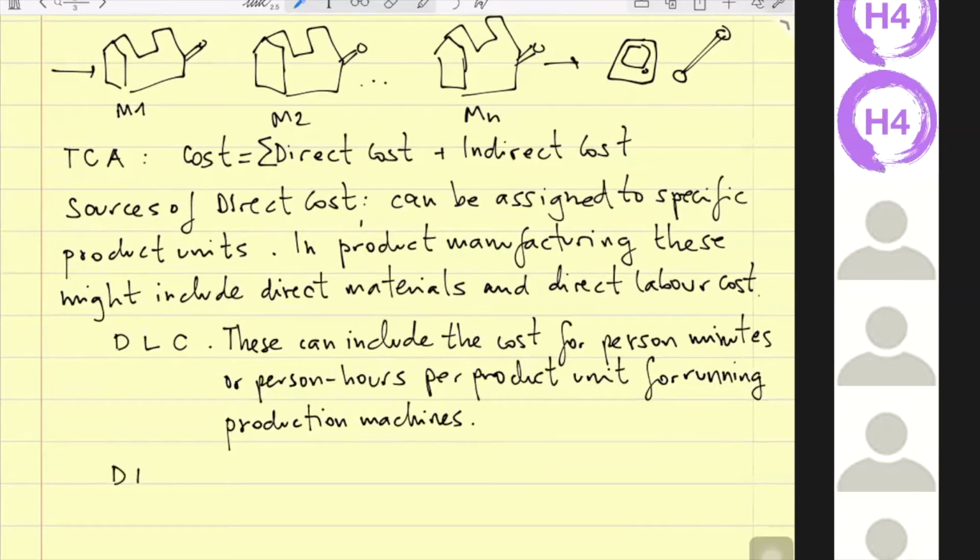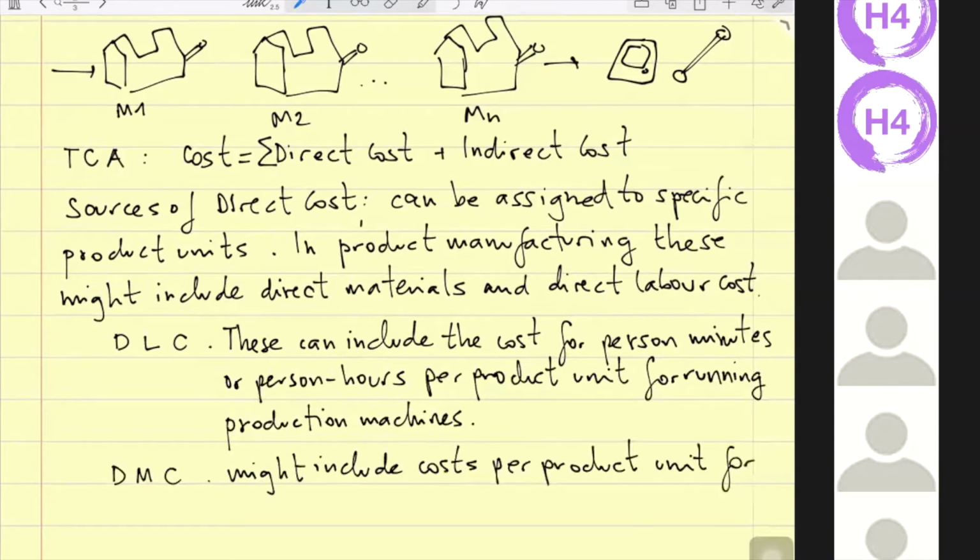Direct material cost might include costs per product unit for each metal stock, fasteners, lubricants, and so on.